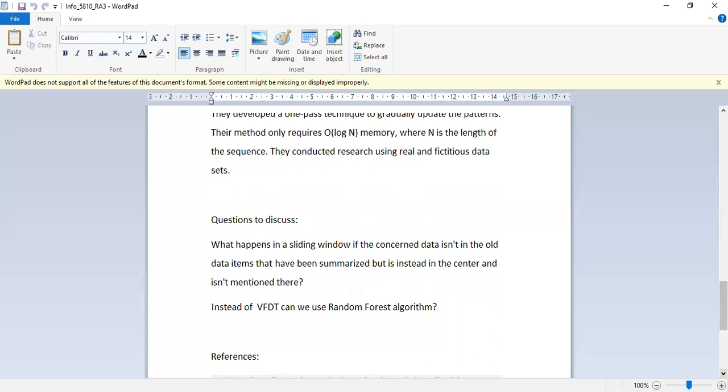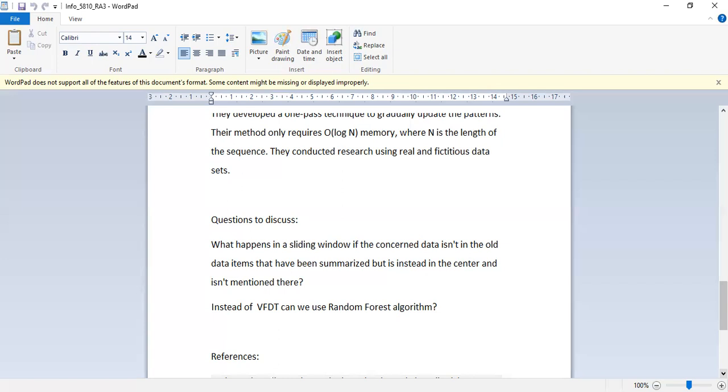My doubt is that the random forest algorithm does the same thing as VFDT. It does take the best tree from the decision trees, right? Random forest is a combination of decision trees, while VFDT takes the best one. So I think random forest is better than VFDT because it takes the decisions from all the trees. Why didn't he use random forest? Why did he have to implement VFDT?